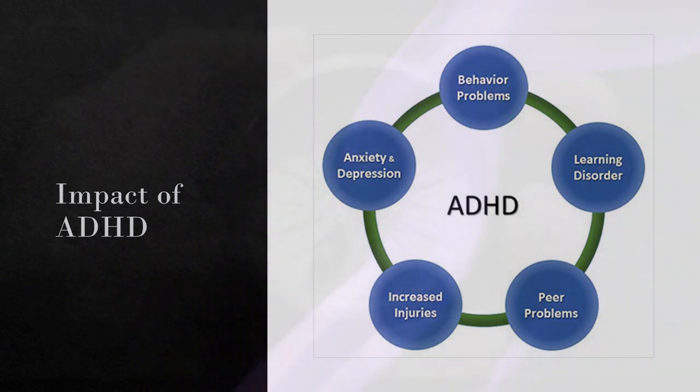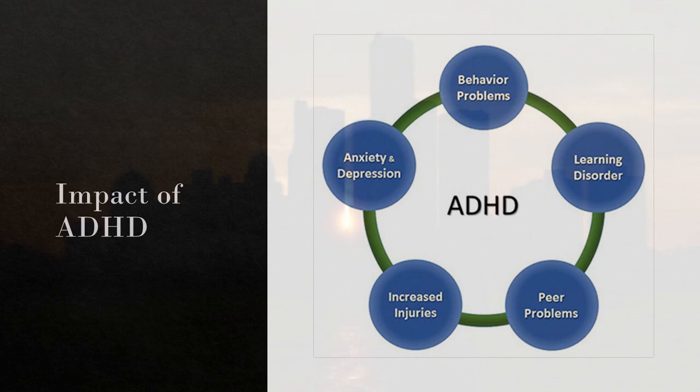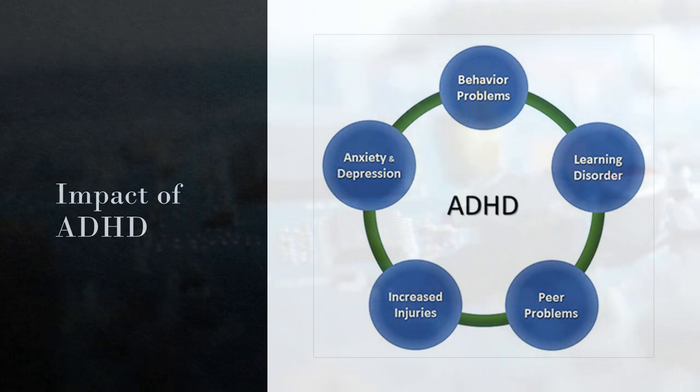Now, there are clearly some challenges with ADHD that extend beyond simply being diagnosed. And these things are going to affect the child, and they're going to affect the people around the child, the caregivers. ADHD, for example, can significantly impact the child's academic success.